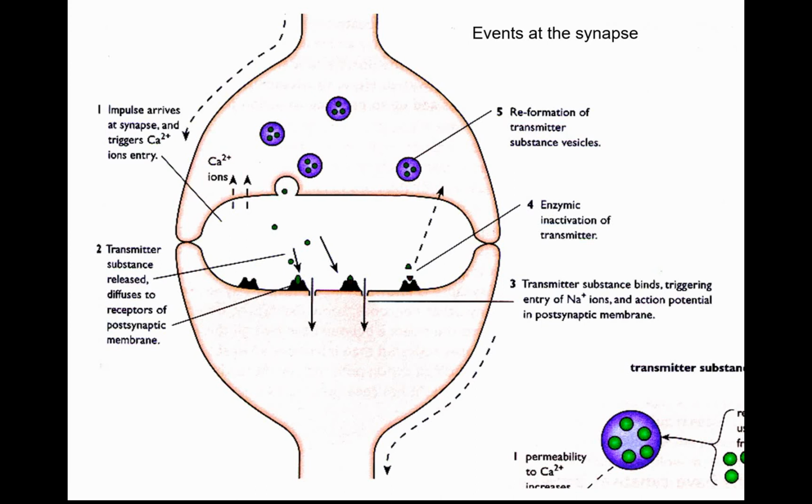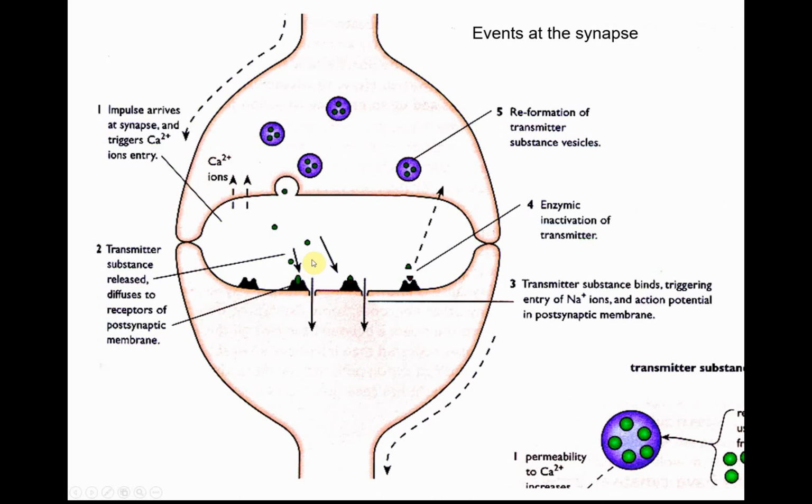Okay, so that's basically it. So action potential reaches the presynaptic membrane and the presynaptic knob depolarizes. Calcium chemical gated channels open and calcium ions diffuse or move into the presynaptic neuron. That causes vesicles to move towards the cell surface membrane of the presynaptic neuron, and they fuse with the presynaptic membrane and release the neurotransmitter by exocytosis, which diffuses across the synaptic cleft, binds to the sodium chemical gated channel proteins, which change shape and open.